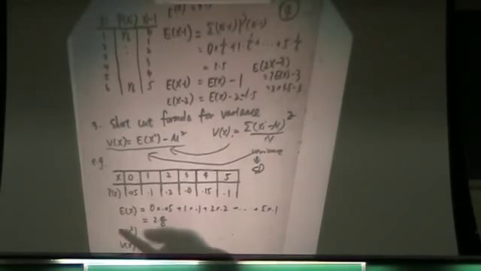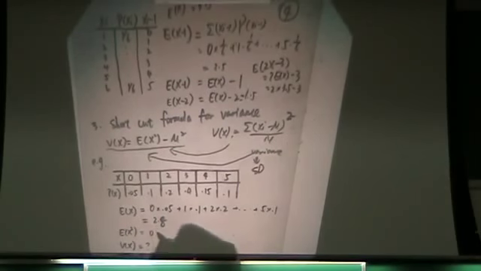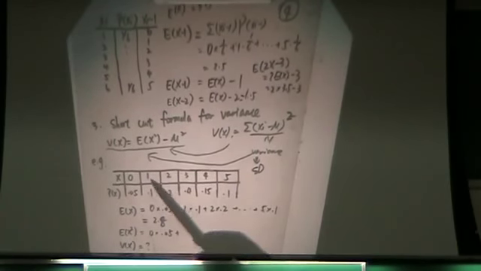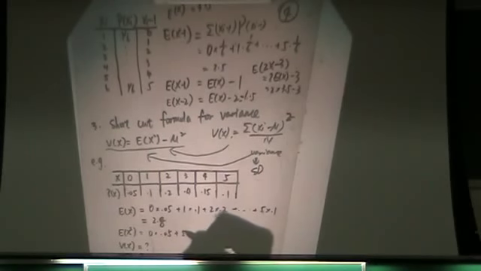So then, for E[X squared], we just square each value and then use the same probability. The first case, 0 squared is just 0 times the same probability, 0.05, plus, remember the square here, 1 squared is just 1, right?